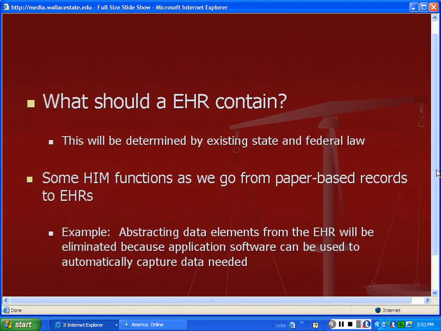We won't have to do it, because basically a software application program will be written to say, go to the electronic health record where this data is contained, and I need this, this, this, this, and this. And so we won't have to abstract from the paper onto the computer. It'll automatically be captured. So it's going to change our lives in a lot of different ways, in the ways in which we do things.